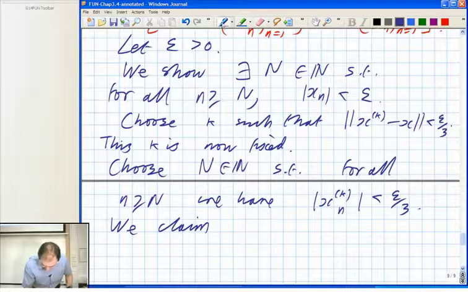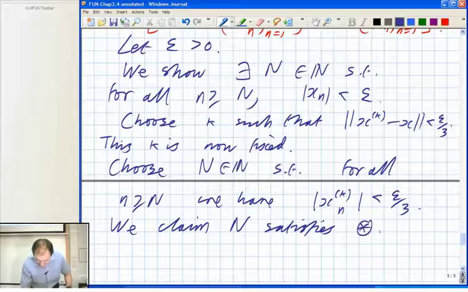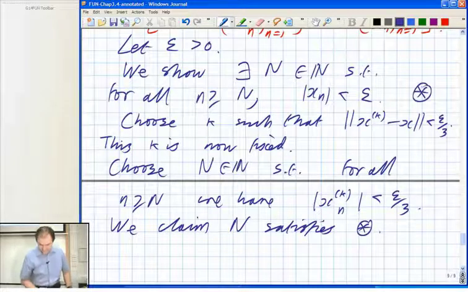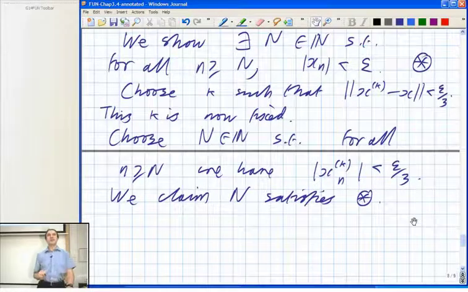So again, we'll claim that N satisfies star. Well, I better tell you what star is. Star is always the nearest star.